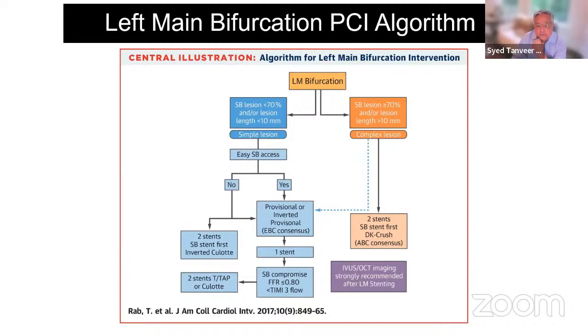If the side branch is compromised, or the FFR is equal to or less than 0.80, or TIMI flow is less than 3, then you convert to a 2-stent technique, which would usually be a T-stenting, or T with minimal protrusion, or TAP, or culotte. Or if the side branch has an angle that is not favorable, maybe you should think about the culotte technique. But provisional is the important way to go with simple lesions, and 2 stents for the complex lesion. So this is what we proposed, and this has been popular.